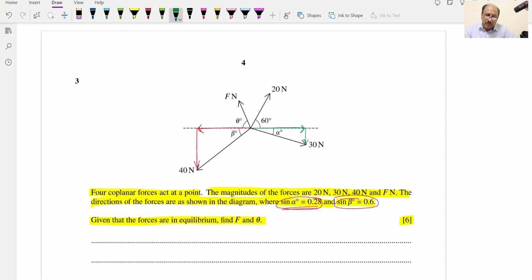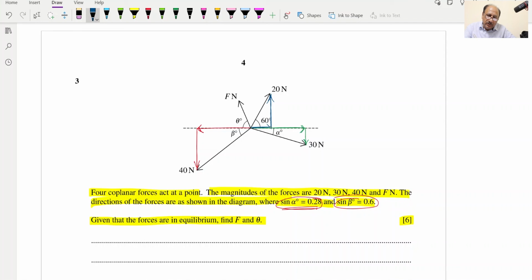So this will be the x-axis direction of the 30 Newton force. We have done the resolution for two forces. The remaining two forces we will also resolve into components. The 20 Newton force, which is acting along a 60-degree angle, has this y component, and I will draw the x component a little above so that you can see the color.